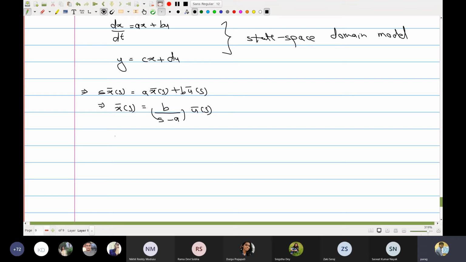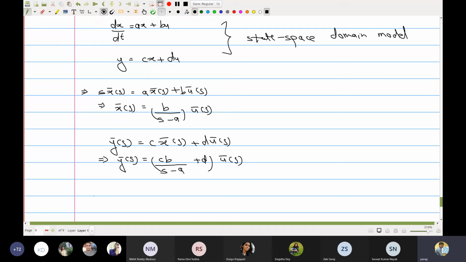From the second expression, what I get is y bar of s equals c x bar of s plus d u bar of s, right? So I can write here very simply y bar of s equals c into b upon s minus a plus d, times u bar of s, right?